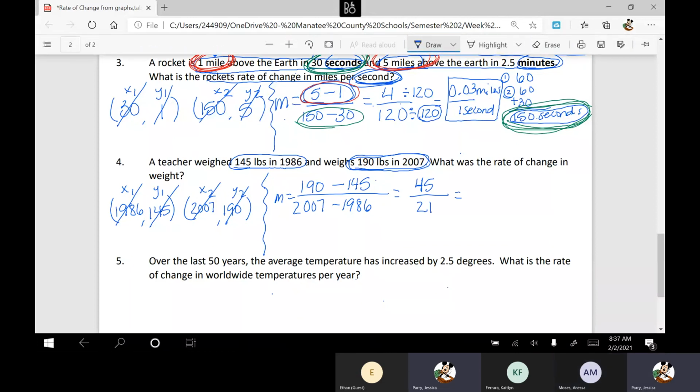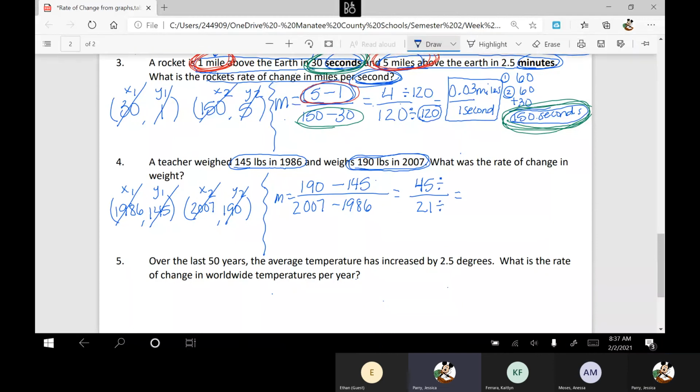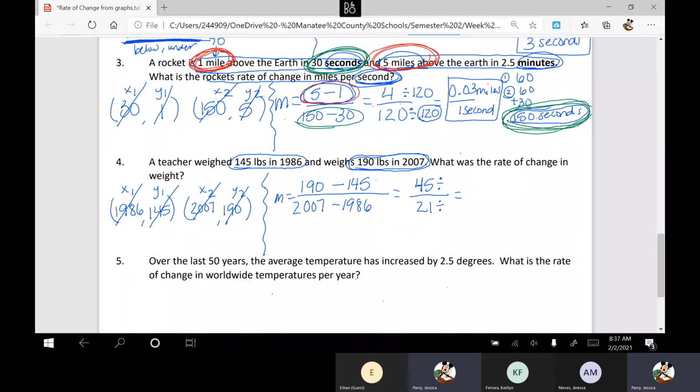21. Awesome. And then we can simplify this. Divide top and bottom by the same number. And I'm going to help you guys out with this one. We're going to divide top and bottom both by 3. Okay, so up top, what is 45 divided by 3? 15.